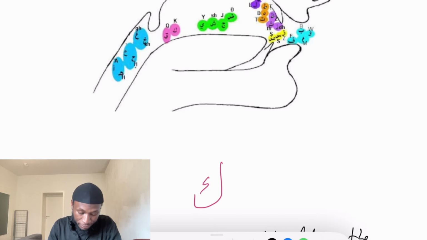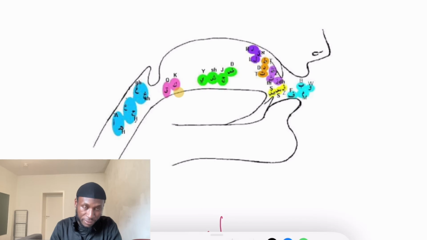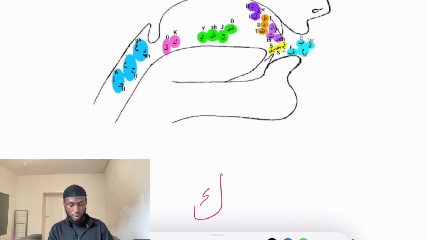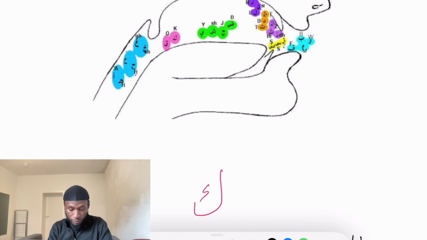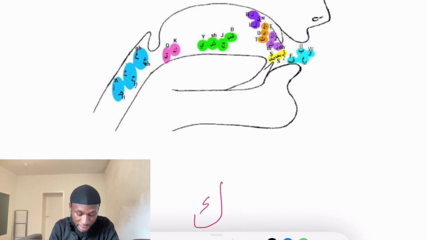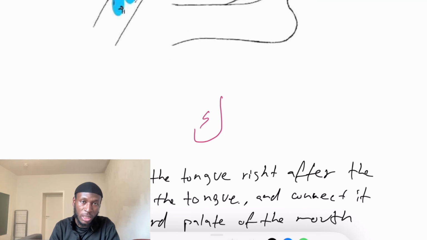So kaf, if you can see, is here. Let me go down. Kaf is here, and before the kaf we have another letter, the qaf. But look at the kaf. To give the definition for where the letter kaf is coming from, we use the lower part of the tongue.